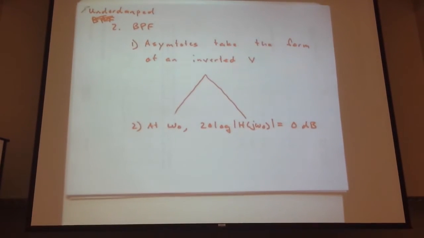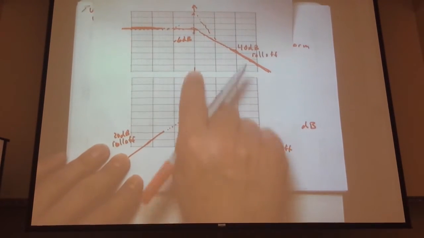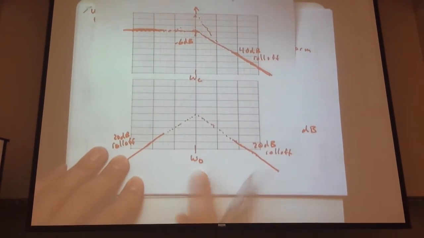So at the resonant frequency, the bandpass response for our second order circuits is always 0 dB. That hits the 0 dB line. And again, this is assuming there's no amplifier stage, no gain stage. So just a second order circuit by itself. So that's a 0 dB point somewhere along this resonant frequency.